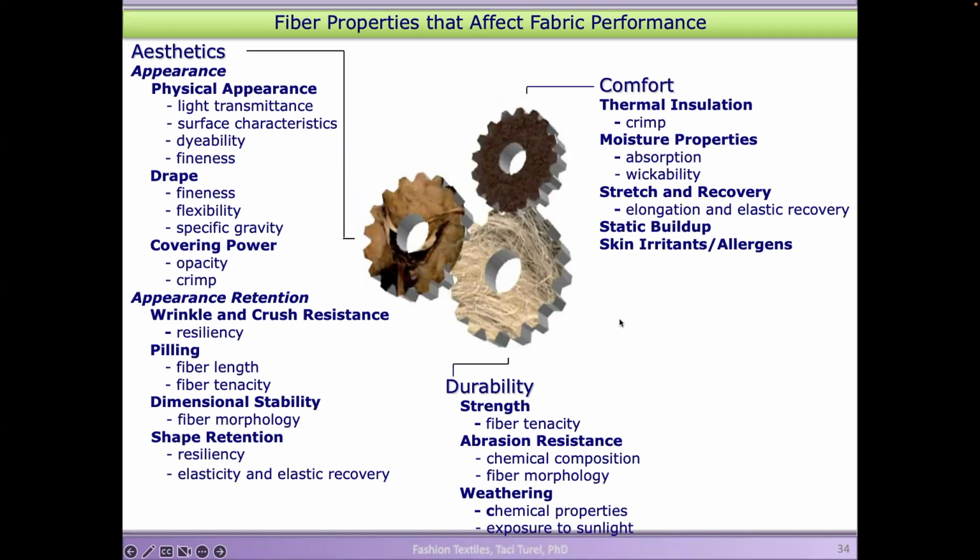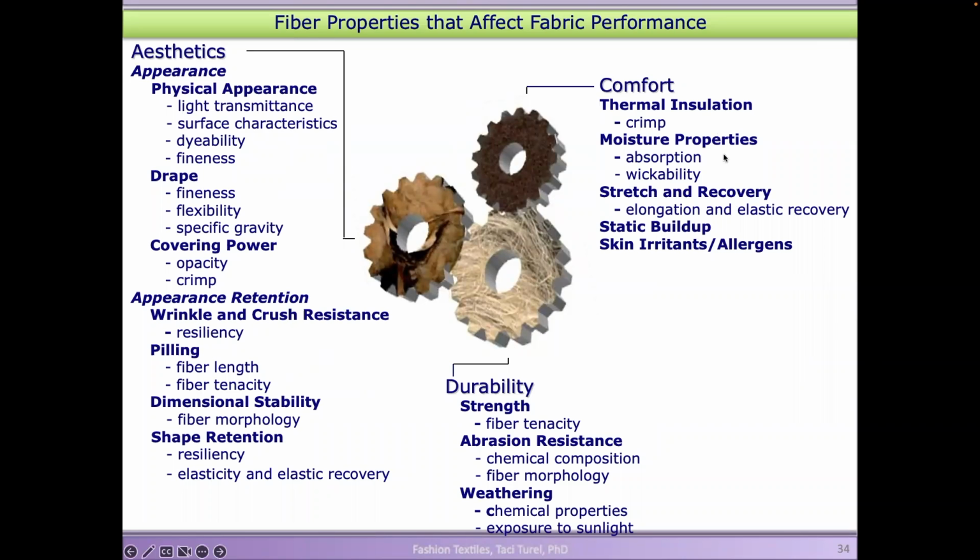Okay, now we're gonna go through all these fiber properties. So guys, we already covered fiber properties with you in first class. We talked about fiber properties that affect the aesthetics of a fabric, like the drape and fineness, flexibility, wrinkle resistance, opacity, crimp, resiliency.